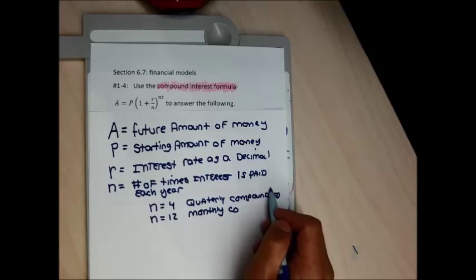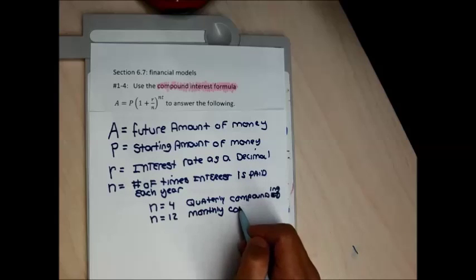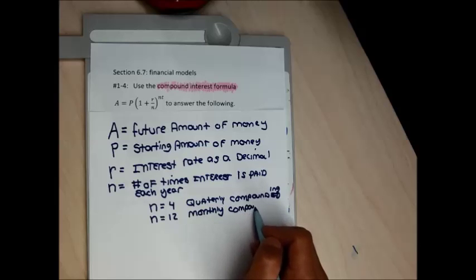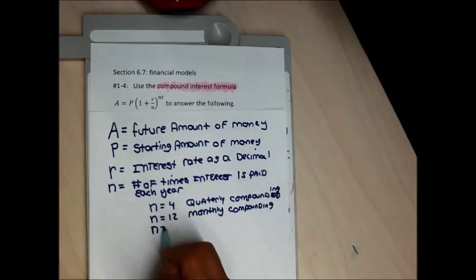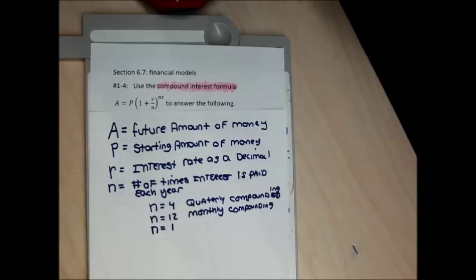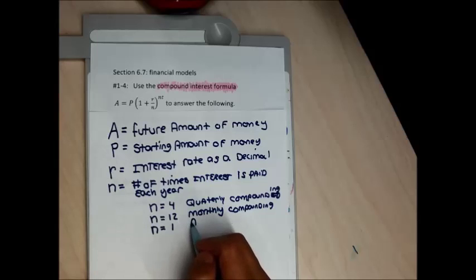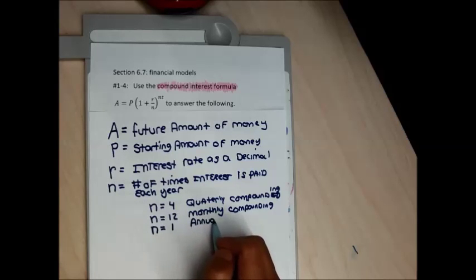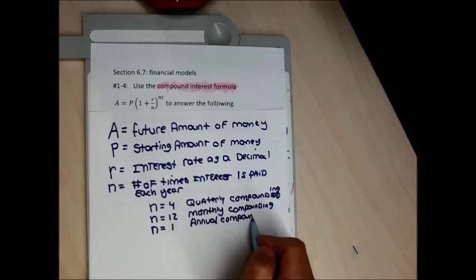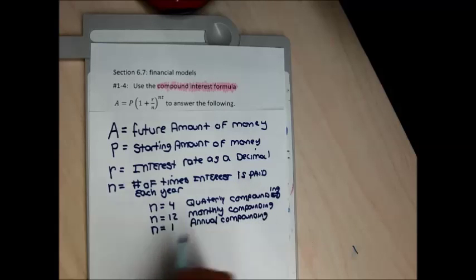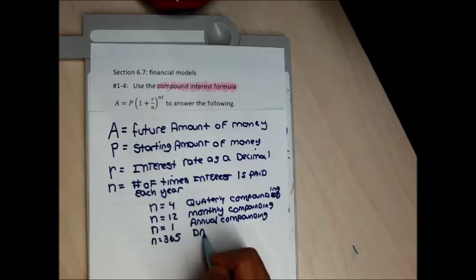Compounding probably would be a better word than compounded. N can be 1. That means you only get interest 1 time per year, and we would call that annual compounding. I suppose N could be 365. That would be daily compounding.